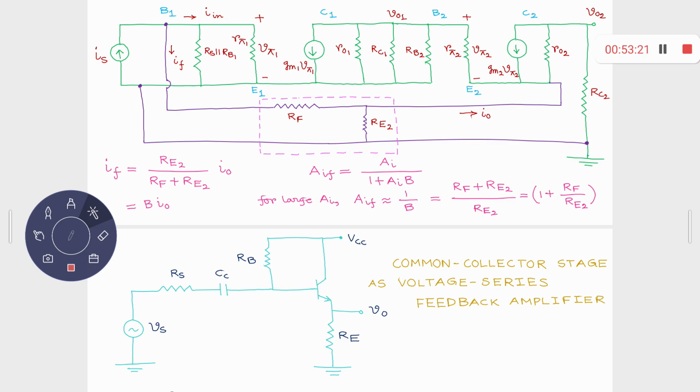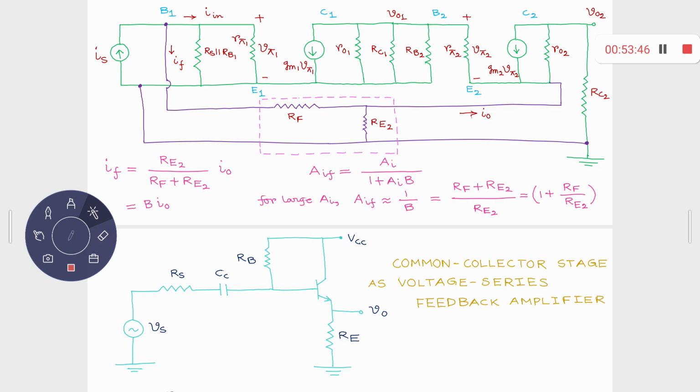You have to explain and justify whether this common collector stage can be used as a voltage series feedback amplifier or not. Since it's a common collector, the voltage gain will be close to unity.